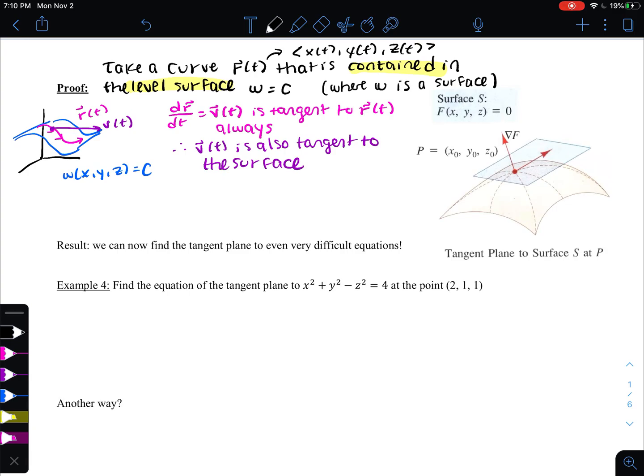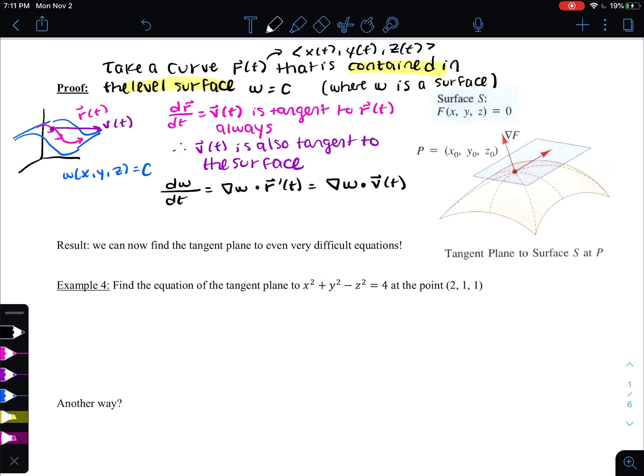So now using our chain rule, if I want to find the derivative of the surface with respect to t, that would be, as we proved, the gradient vector dotted with r prime of t, or if you want to write it better, gradient vector dotted with v of t.